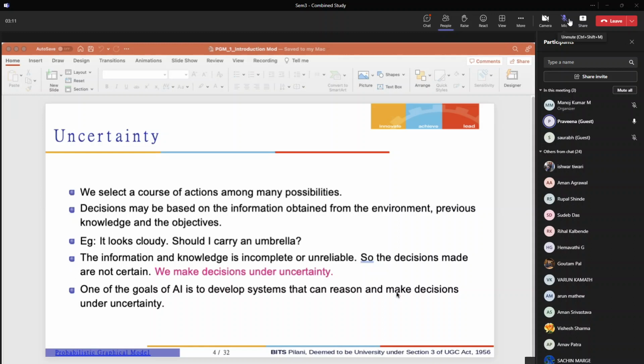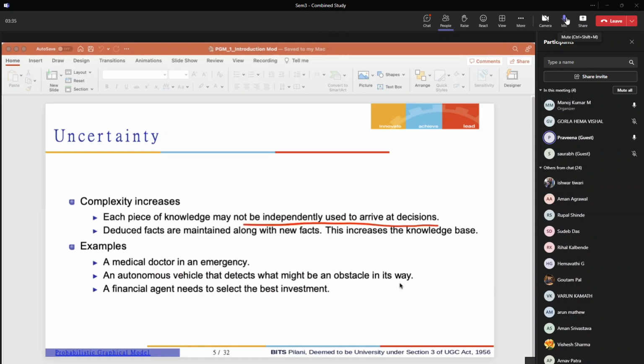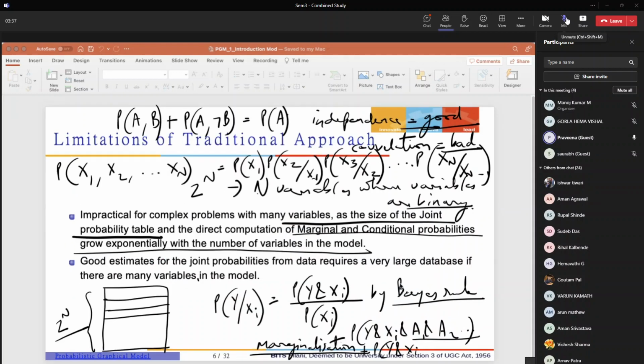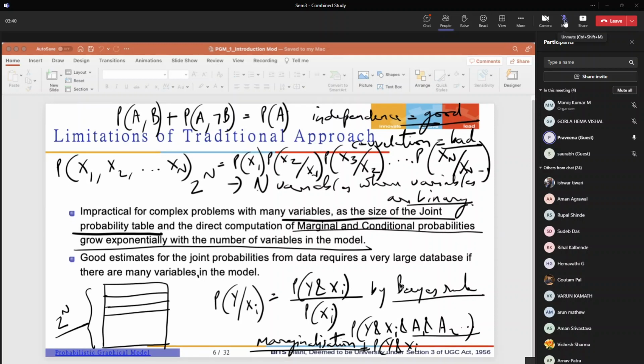PGM deals with the subject where we use graphs along with probability to make models so that we can make decisions under uncertainty. That is the focus area. As I said, I'm not going to go into detail on every line the teacher mentioned. We'll just go through some of the important points.